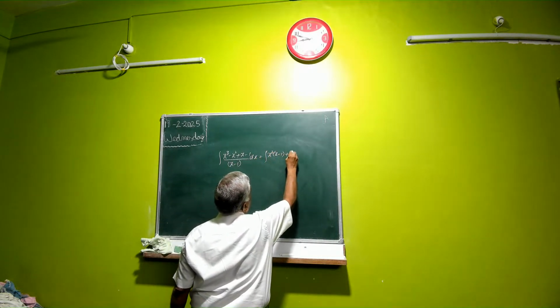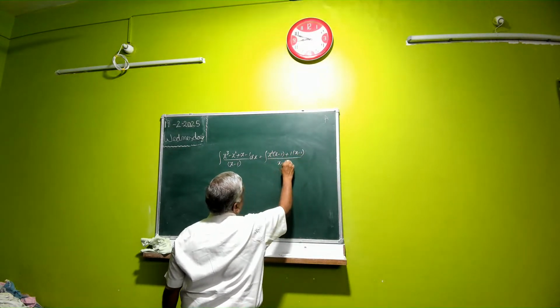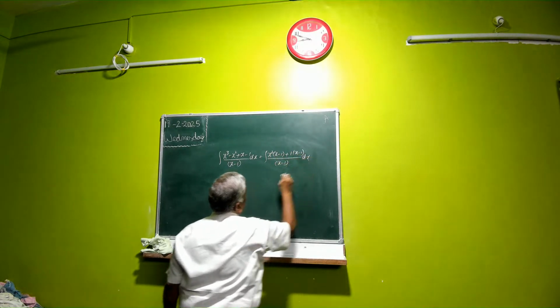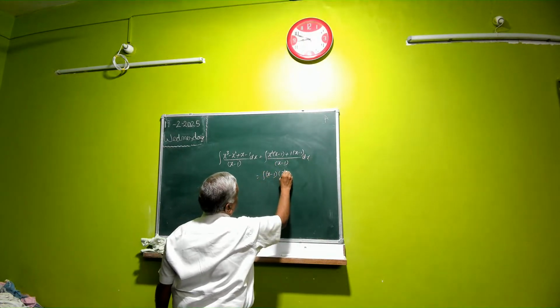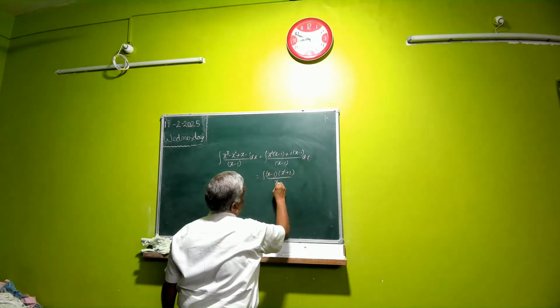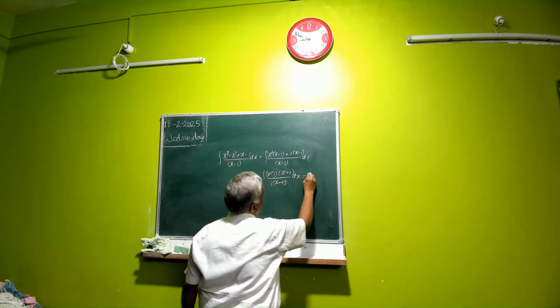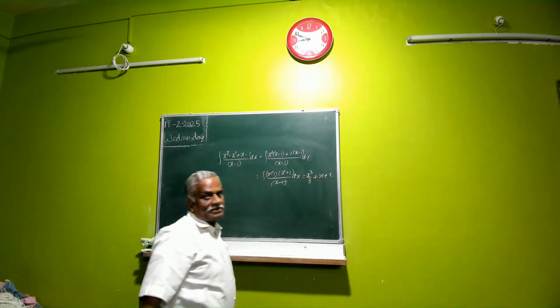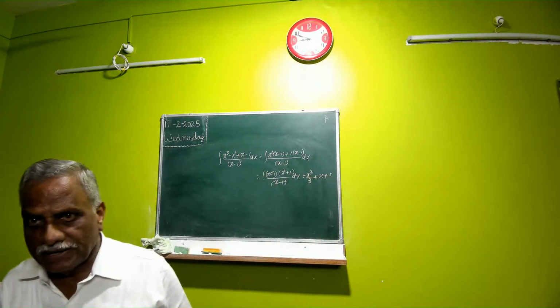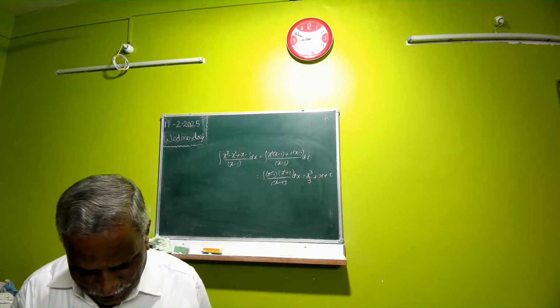You take 1 common, you get x minus 1. The denominator remains as it is. Now take x minus 1 common. You get (x square plus 1) by (x minus 1). These two will cancel. You get x cube by 3 plus x plus c. Very simple if you can realize this, or if you have worked out this.